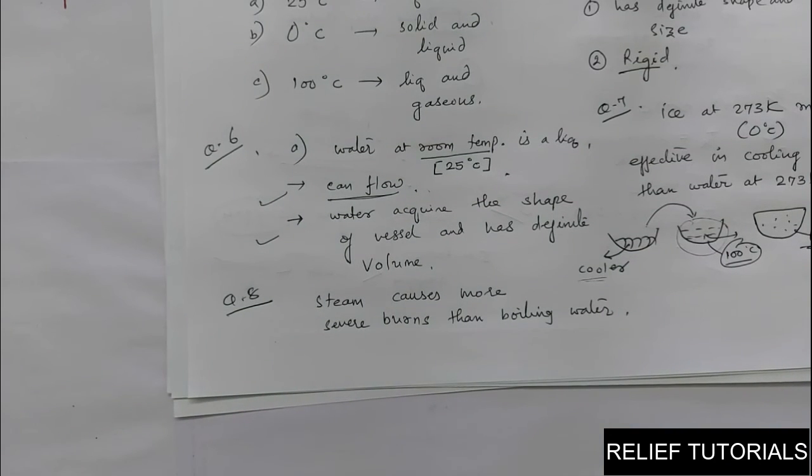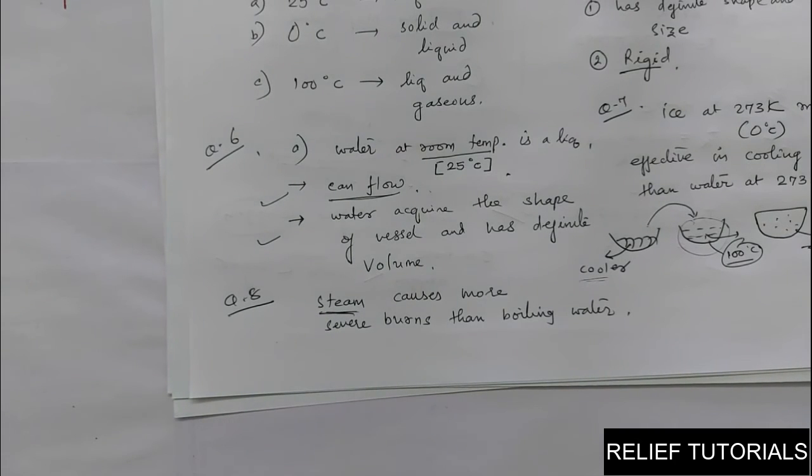Actually the reason is not asked, but what should be the reason? The reason is steam possesses more heat energy, meaning the latent heat absorbed by the boiling water and then converted into steam. So steam possesses more heat energy, so it can cause more harm to your skin.